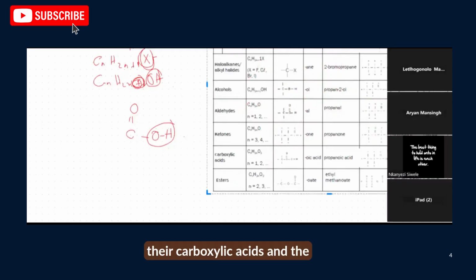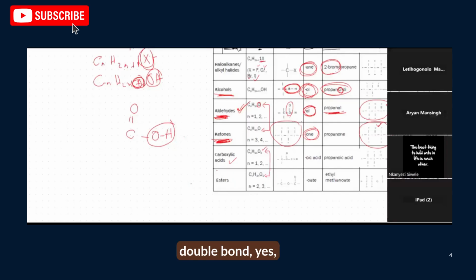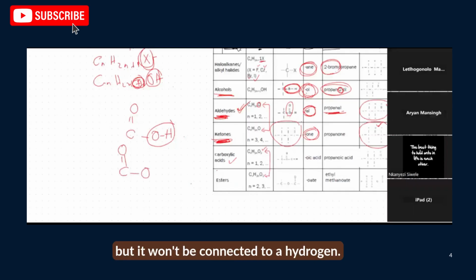You will notice that the carboxylic acid and the esters also have the same general formula. The difference between the carboxylic acid and the esters is that after the double bond, yes, the oxygen is connected to the carbon, but it won't be connected to a hydrogen, it will be connected to another carbon.